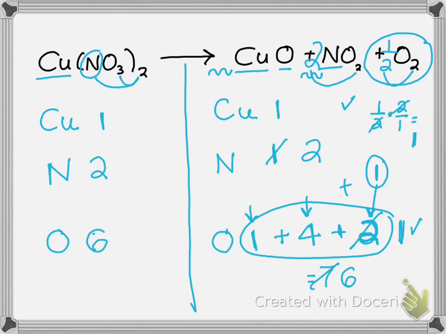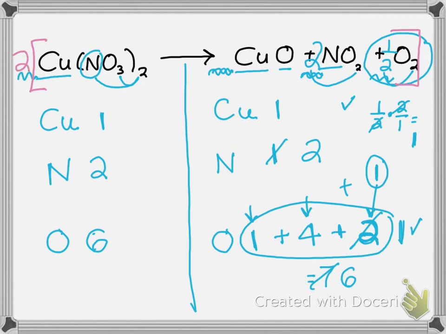So I would have a 1, a 1, a 2, and a 1/2. Now here's the deal. In balancing equations, we can't leave fractions. So if I was in math and I wanted to get rid of that 1/2, what I would do is multiply everything by the denominator, or 2.